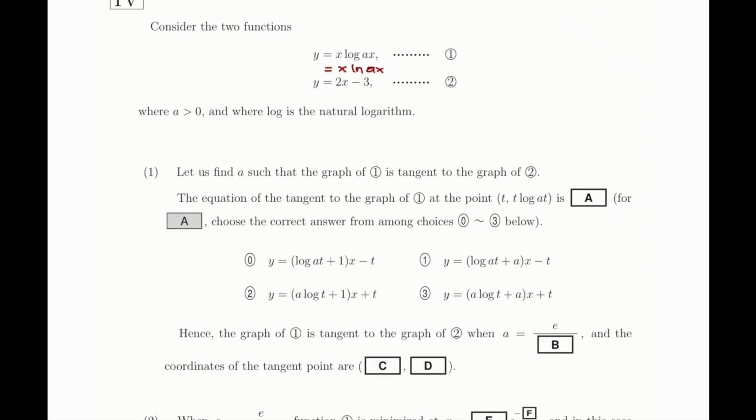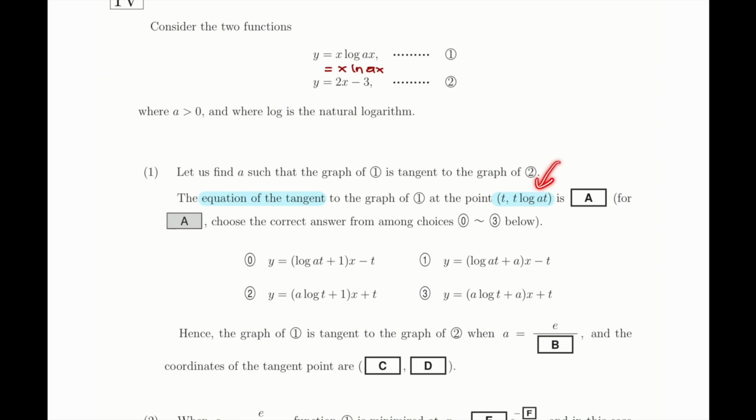In this question, we want to find the equation of tangent. To find the equation of tangent, we need the gradient and we need the point where the tangent touches the graph. We already know the point. The point is t, t log at, or t ln at. Remember, log is the natural logarithm, which is ln.